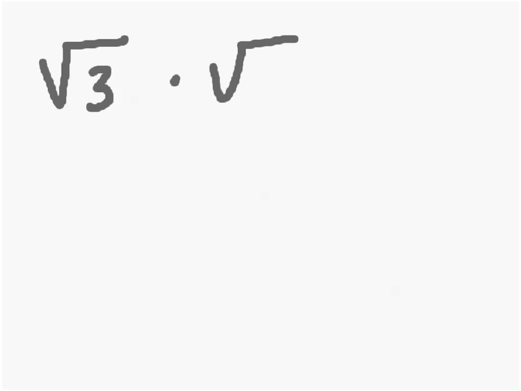So let's talk about this. If we have the square root of 3 times the square root of 5, we begin by squaring. Wait a minute, let me see how.